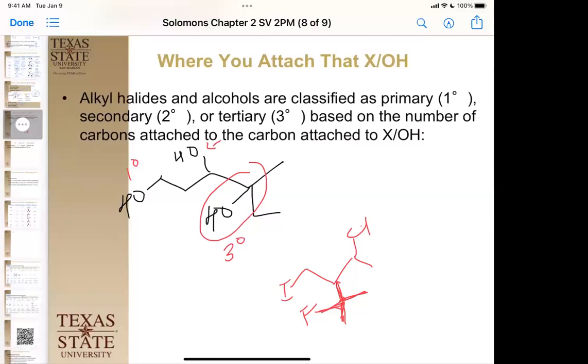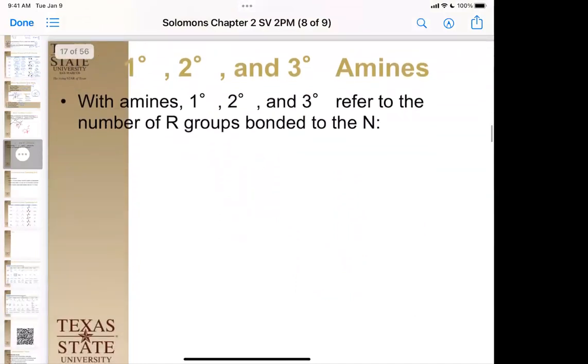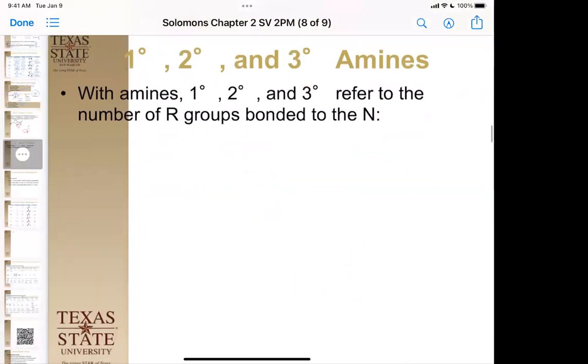Okay. Now I want to break a rule. Amines are backwards. I said amines are any structure where you have at least one carbon-nitrogen bond. So if you have one carbon-nitrogen bond, that means your other two bonds are going to be to hydrogen, and that makes it a primary amine. In the case of amines, it's how many carbons are bonded to nitrogen.